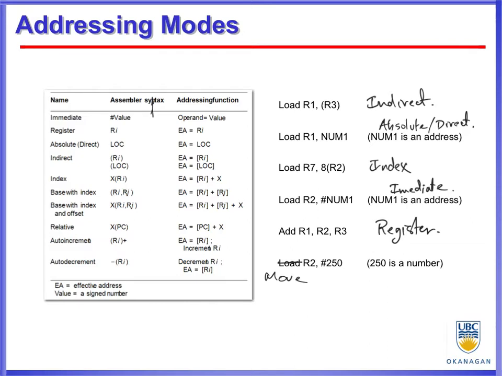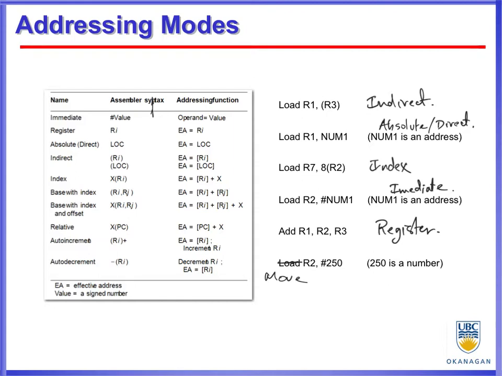Why would you not? In that case, you would do that if num1 itself would hold a memory address. Yeah, I don't think that would be disallowed. I think you would be able to do that. I don't think the assembler should complain about that.